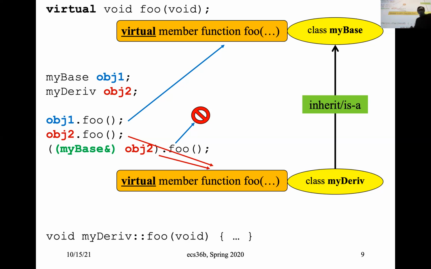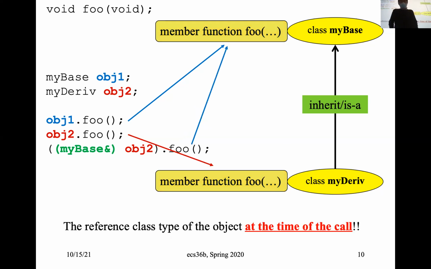Okay, so let me summarize what I just said. This is the main difference between a member function and a virtual function. For a regular member function, we determine which function to call based on the reference class type of the object at the time of the call.